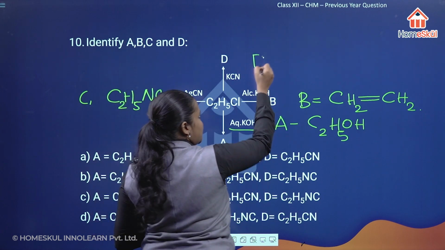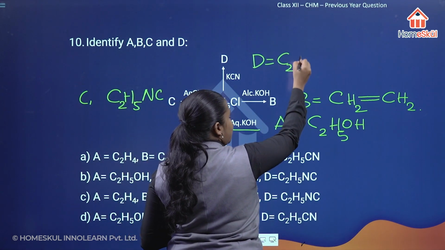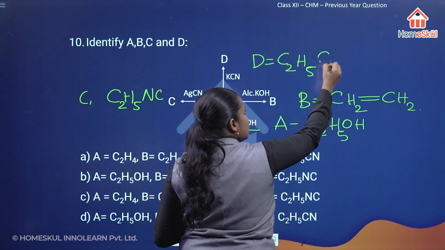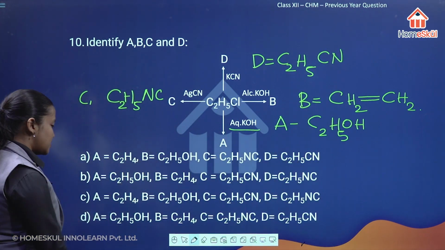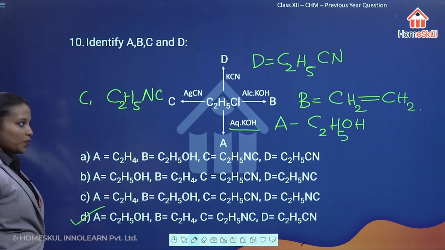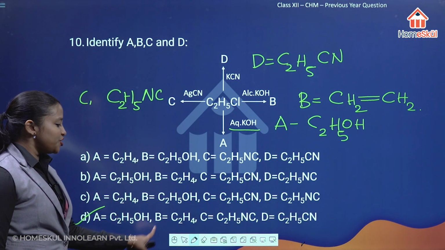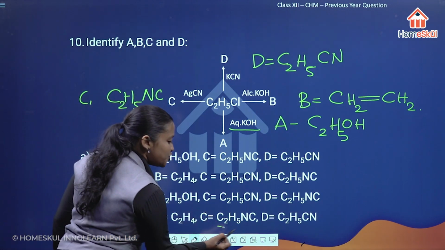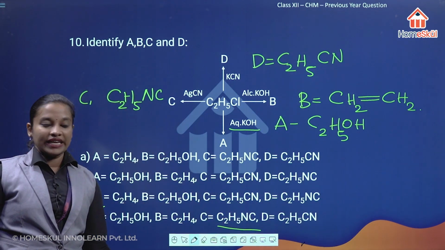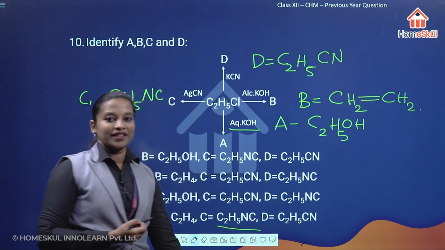Yes, option D will be C2H5CN. Okay, so what is the correct option? Yes, the last is the correct option. A is C2H5OH, B is C2H4, C is C2H5NC and finally D is C2H5CN.